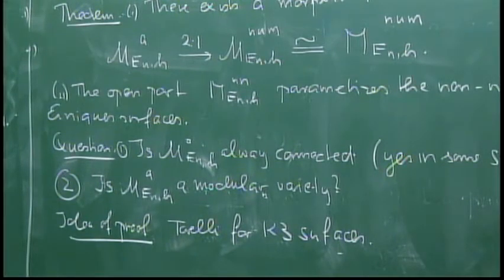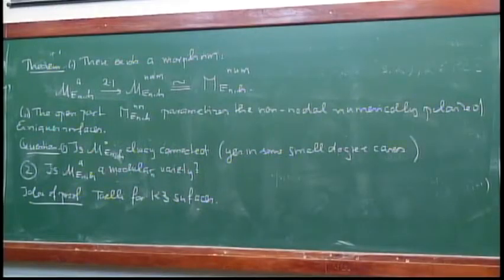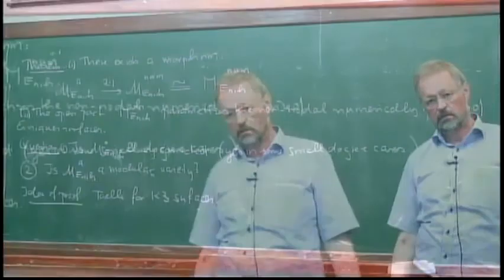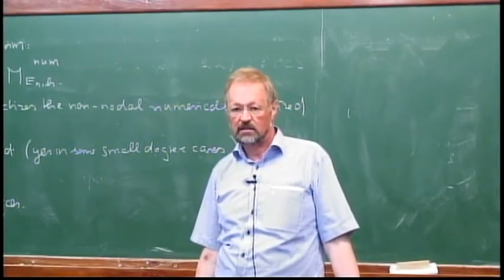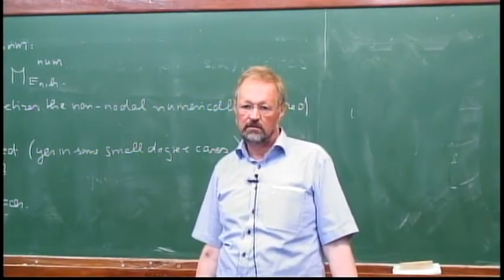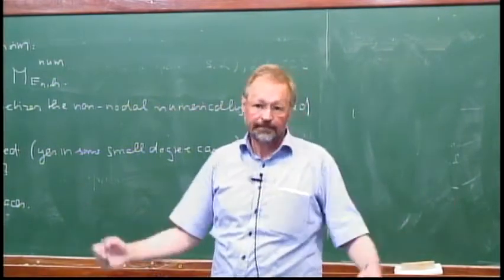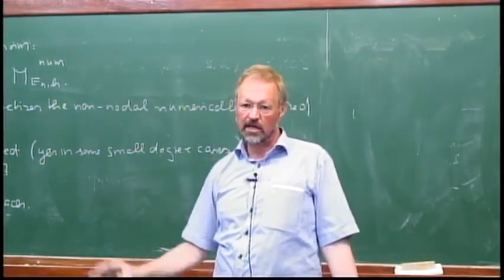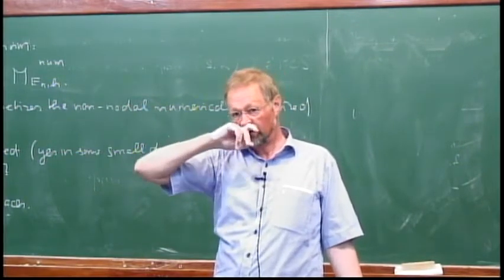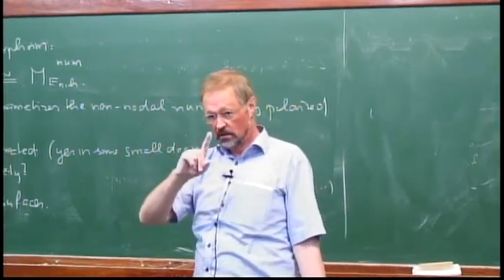But question 2, no? Yes, all of them are conjugates. It's yes, but not easy, but a doable check. If you have a way of checking the 2-to-1 cover, you have to do something which is an unramified cover.